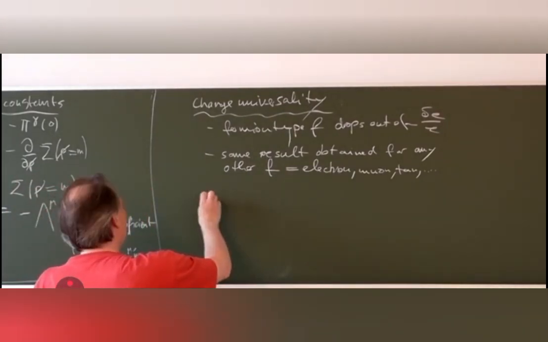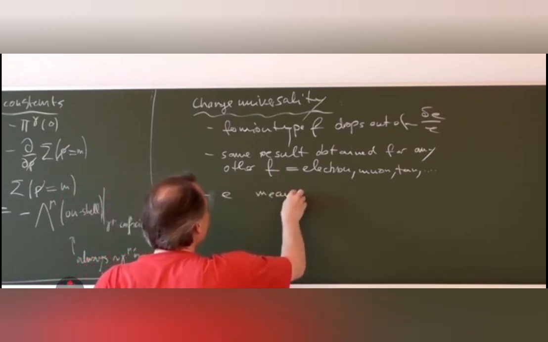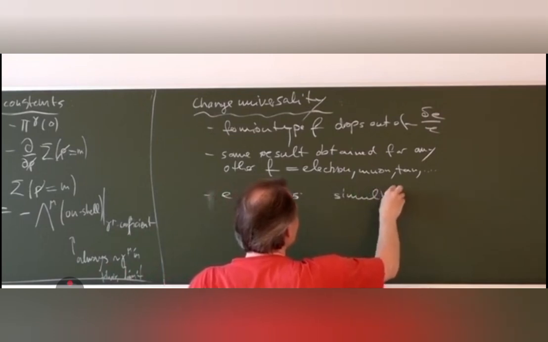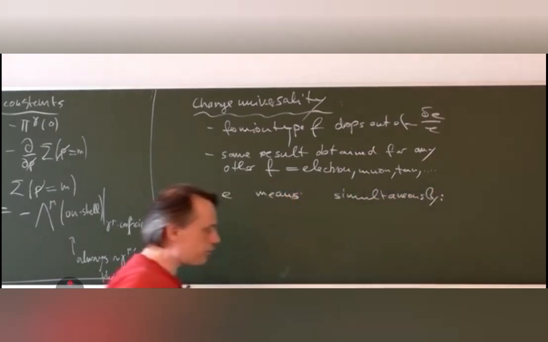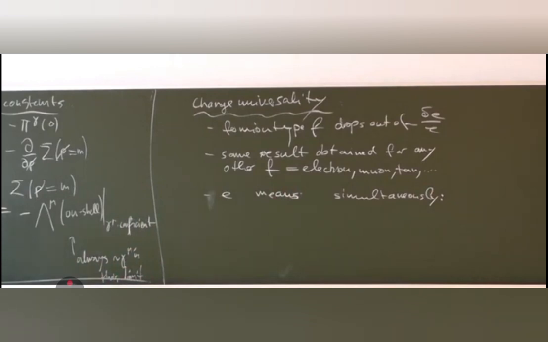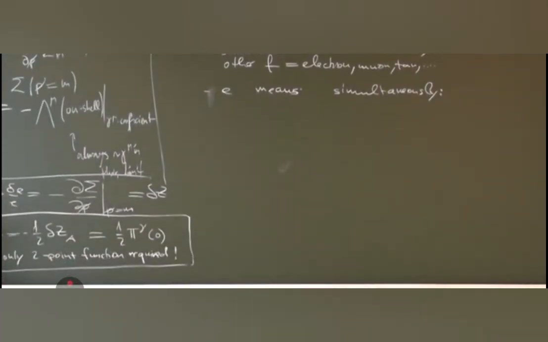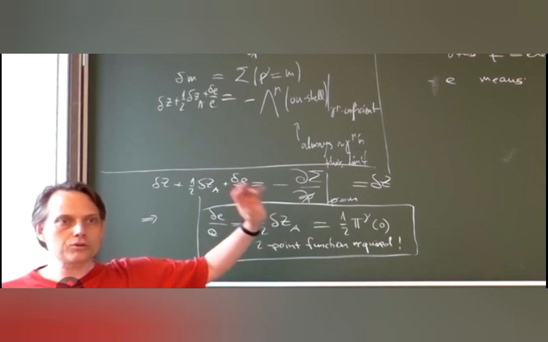And so E means physically several things. What does it mean? We have previously established the interpretation of the on-shell scheme, and E was the effective charge one measures in low energy or classical processes where an electron interacts with a photon.